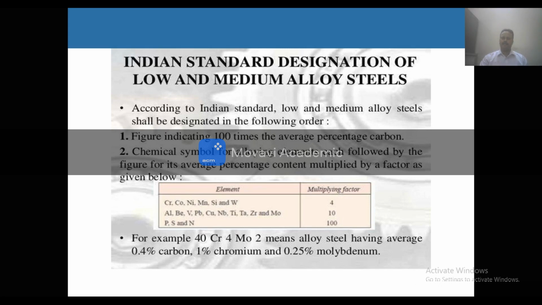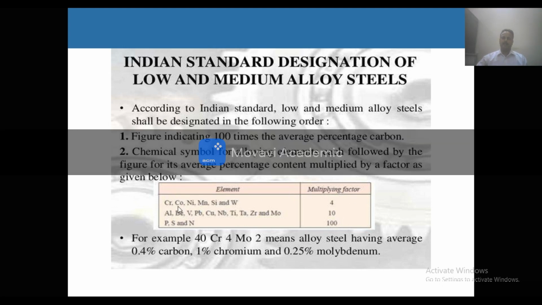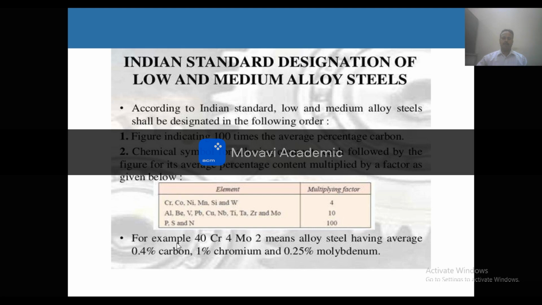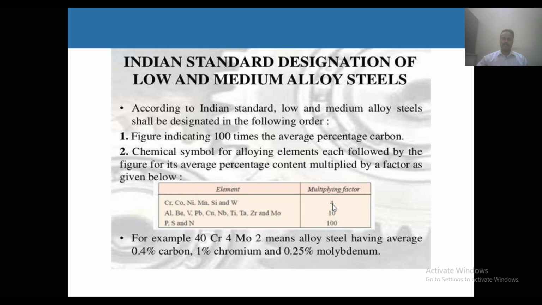Similarly, we have different other ways of designation of low and medium carbon steels, where we have different multiplying factors, like you can see chromium, cobalt, nickel, manganese, silicon, and others. So again here, if it is written as 40Cr4Mo2, that means it has 0.4% carbon, 1% chromium, because the multiplication factor is 4, so we divided by 4.